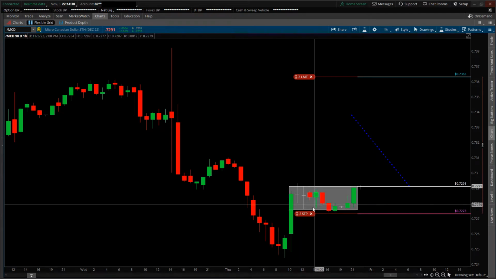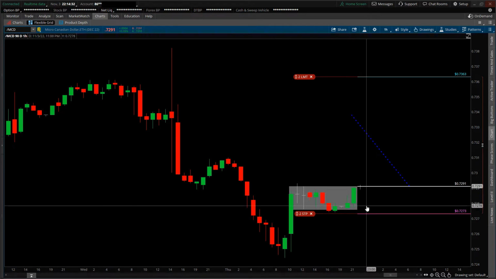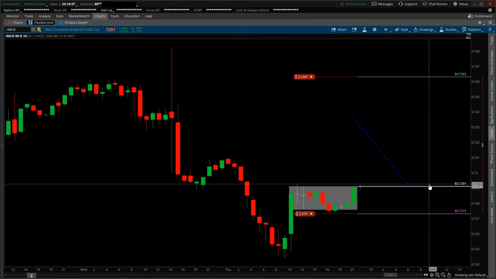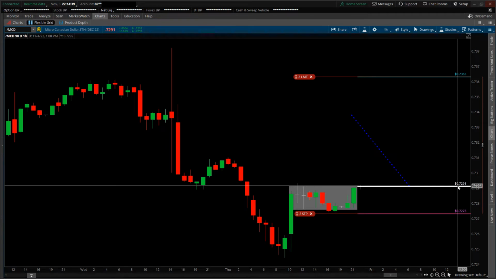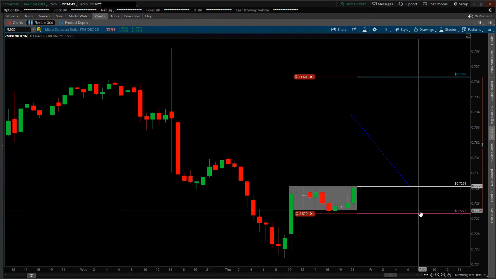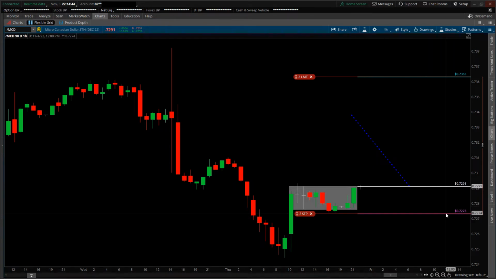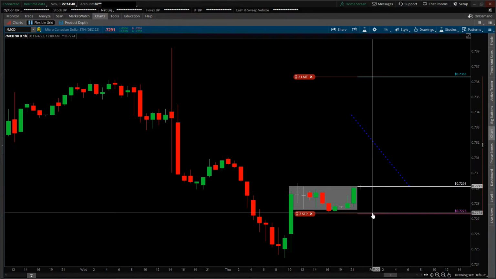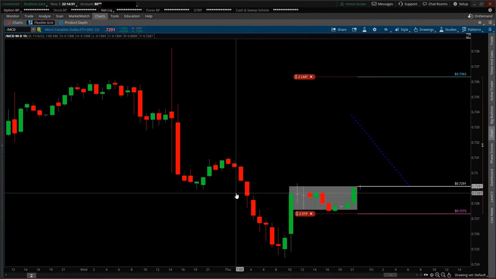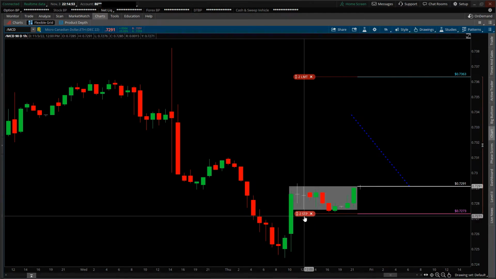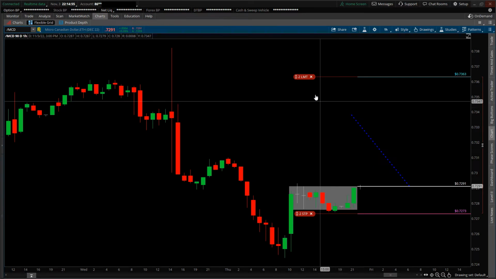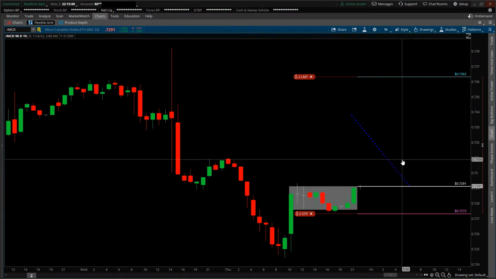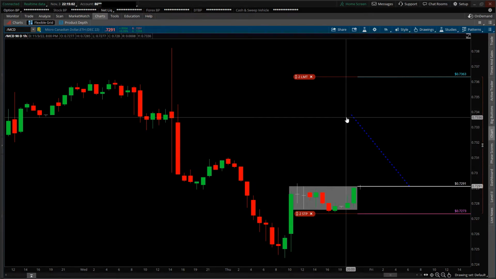In light of that, I did take a long position, and my entry price is based on this white horizontal line. My entry price is 0.7291, and right down here I have a stop. If my assessment is incorrect and price comes down during the overnight session, because I'm not going to be awake to manage this trade, I've placed a conditional order, or a bracket order, or an OCO order, one cancels other.